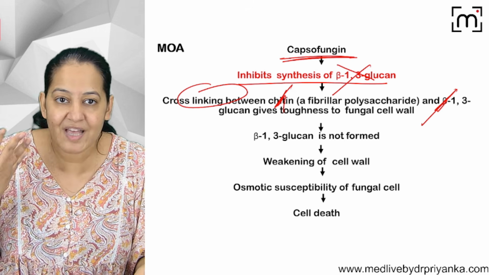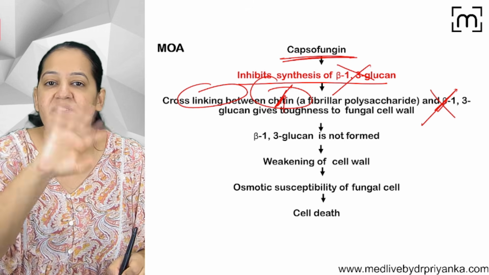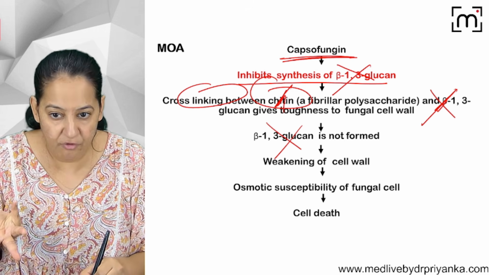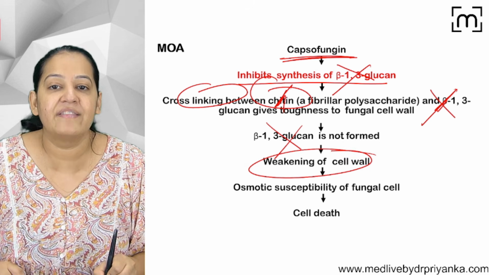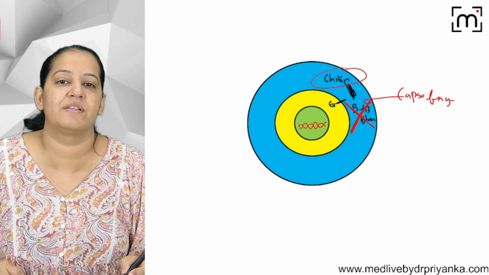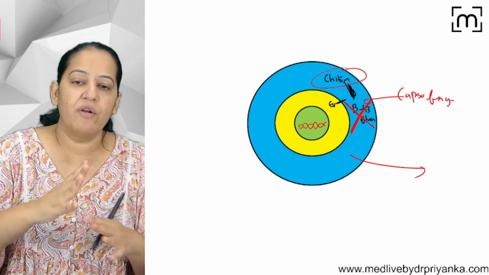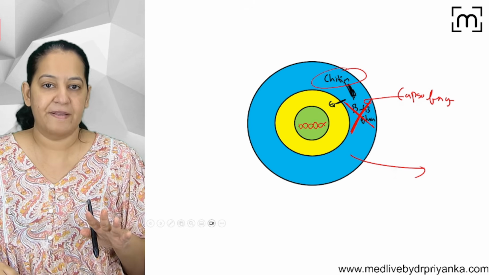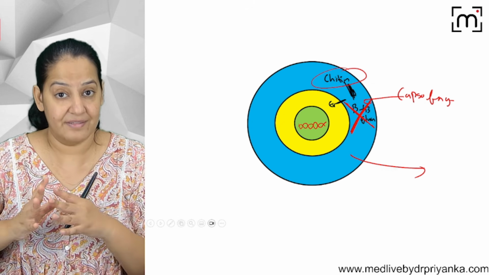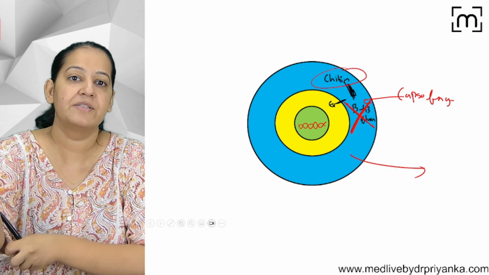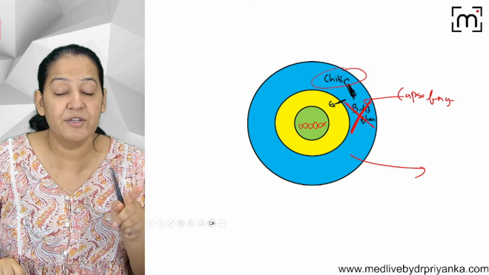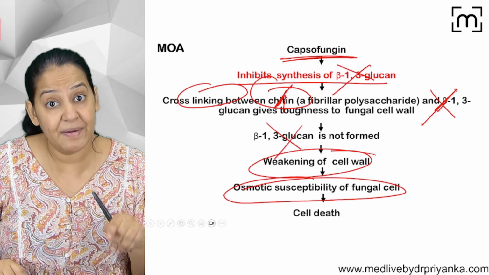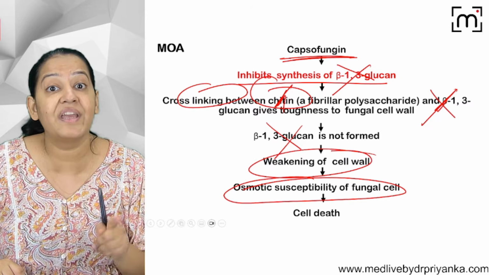If beta-1,3-glucan is absent, how will chitin bind with it? So the cell wall becomes weaker, which leads to osmotic susceptibility. The fungus will lose the cell wall, swell and die. So this is the mechanism of action: inhibition of cell wall synthesis by inhibiting the synthesis of beta-1,3-glucan.